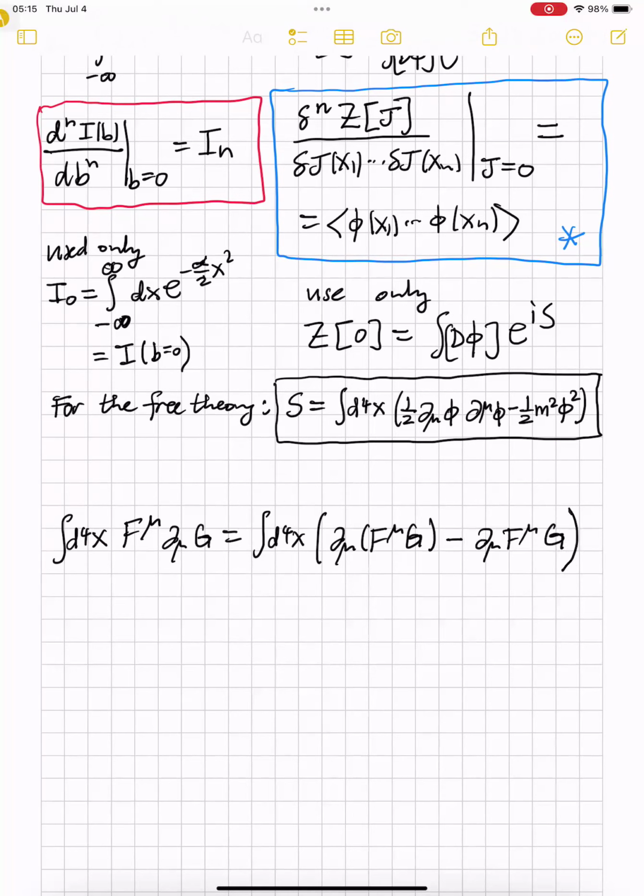So you've seen me do manipulations like this many times before, but let's just talk through it. Look at the right-hand side. The first term in the integrand on the right-hand side, I've got a ∂_μ acting on f^μ g. So I should use the product rule, and the product rule will produce two contributions. The first contribution is when ∂_μ acts on f^μ, and then I just multiply it by g.